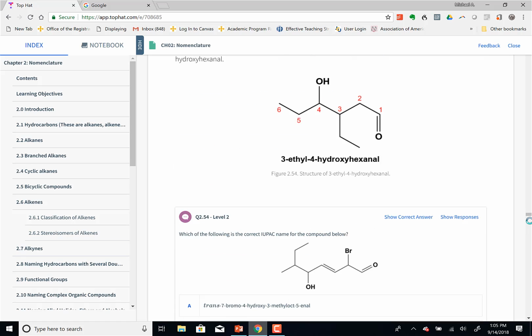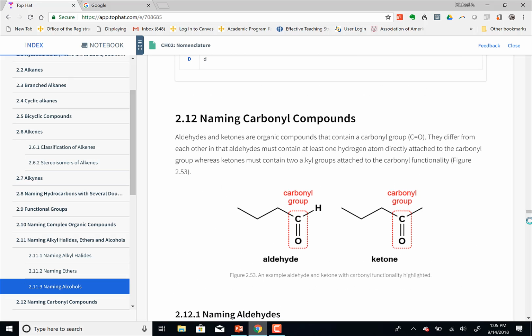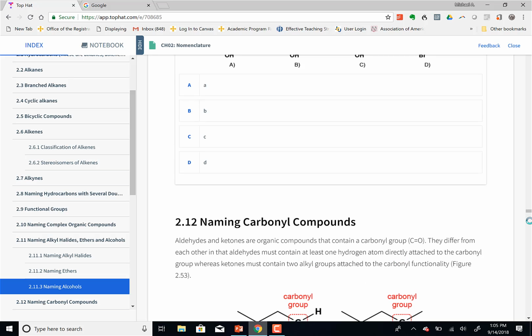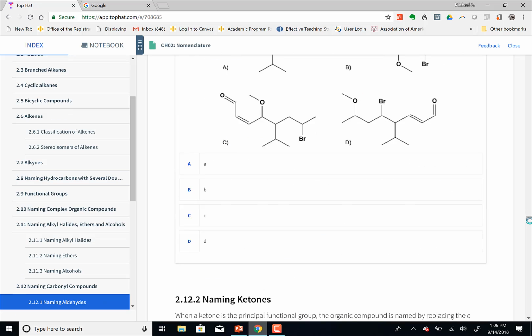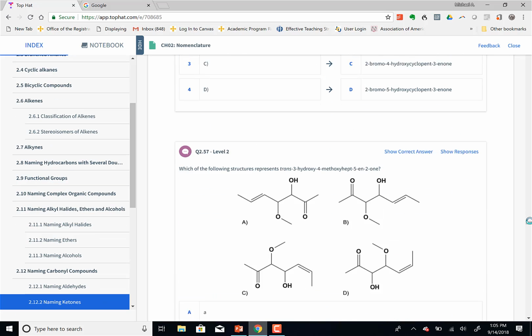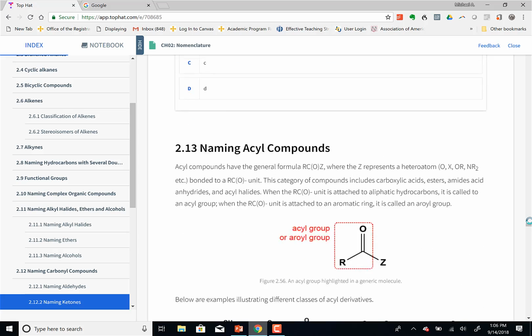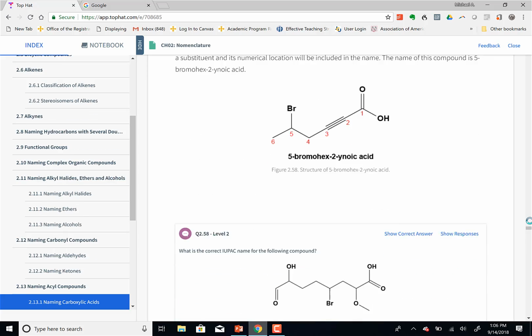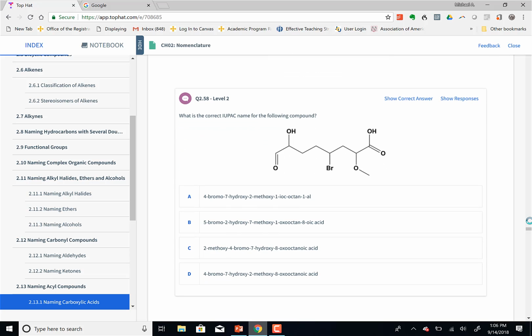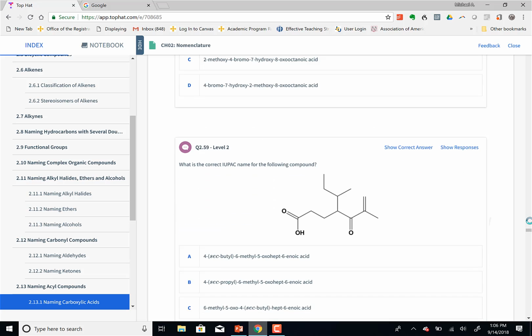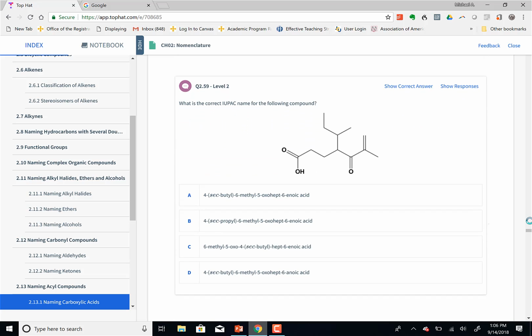I wrote down that it was 24. That doesn't look right. It was within the carboxylic acid chapter. Maybe this one? Yeah. Number 59? Sorry, I wrote it down wrong.